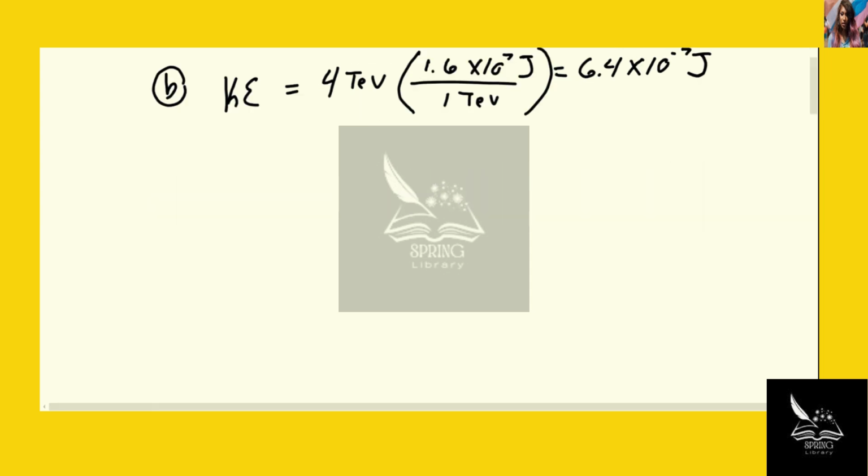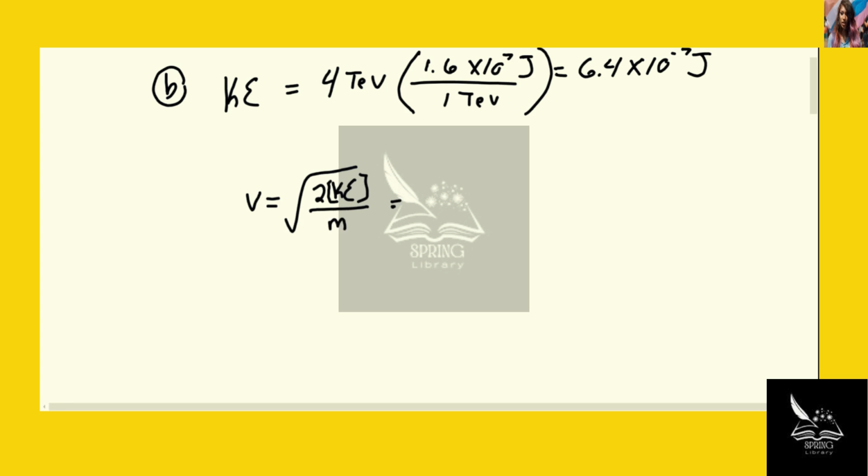Now we can find the speed, because it wants to know how fast, okay? So we have this equation: the square root of 2 times kinetic energy, over the mass of the car.